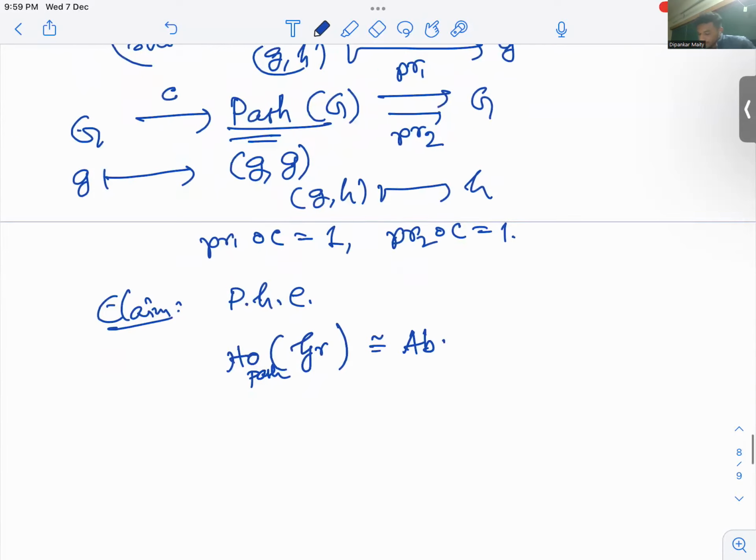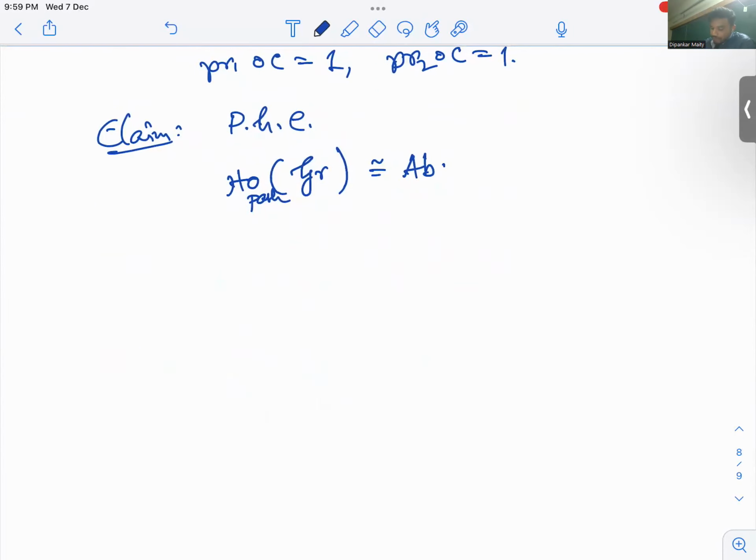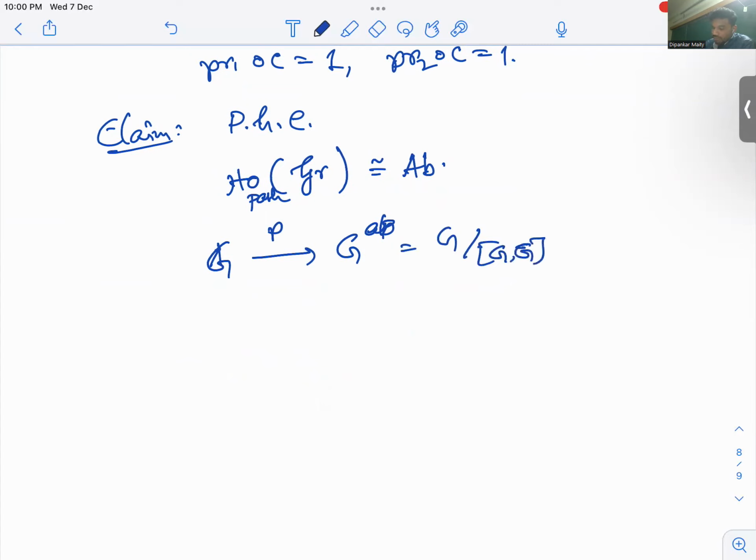Well, the reason is the following. If you take a group G and you look at its abelianization, which is G modulo the commutator subgroup, then the projection P is a homotopy equivalence.